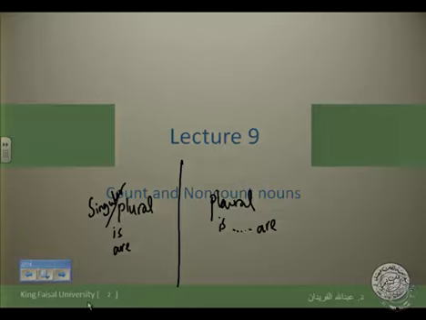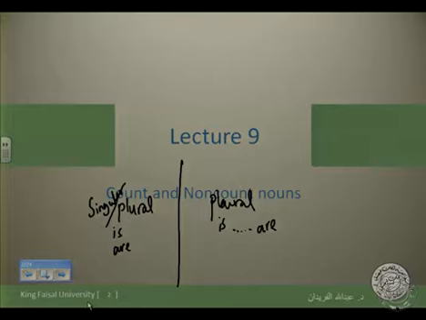So this is the basic idea, that count nouns can be used singular and plural. Non-count nouns only plural, and sometimes we can use them as singular if we have a collective noun, and we are going to meet collective nouns today.